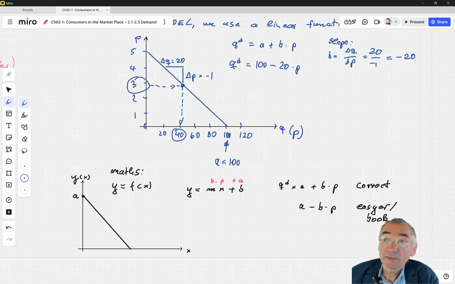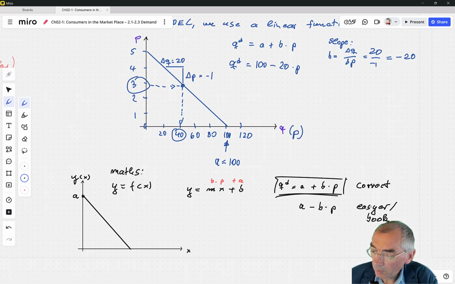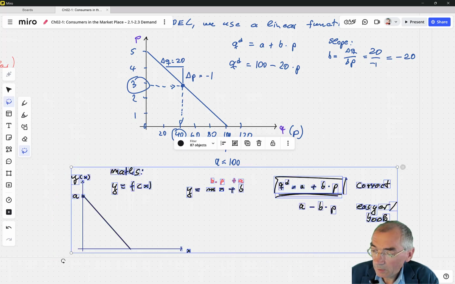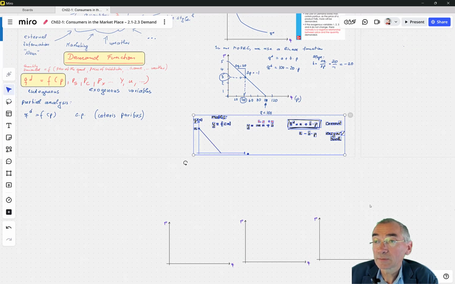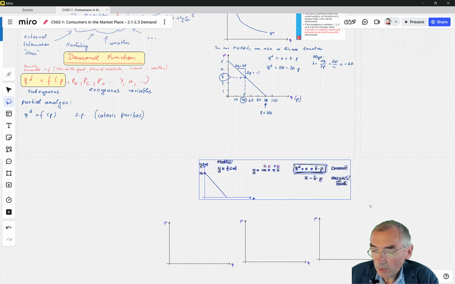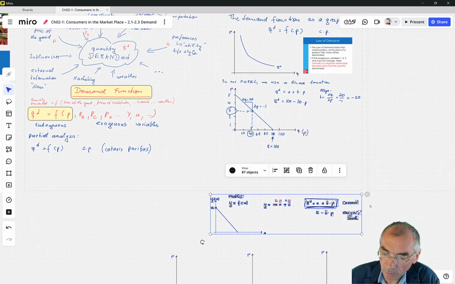The other one is easier and also used by our book. Nevertheless, we are going to stick to the correct version and will describe our function as a plus b times p, and then find out, by the law of demand, that in fact the b is negative. Let's take this as some background information that you might or might not want to use.